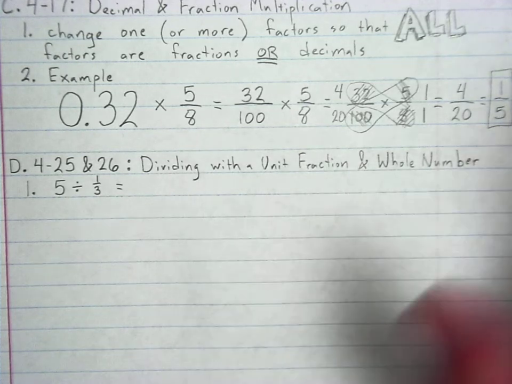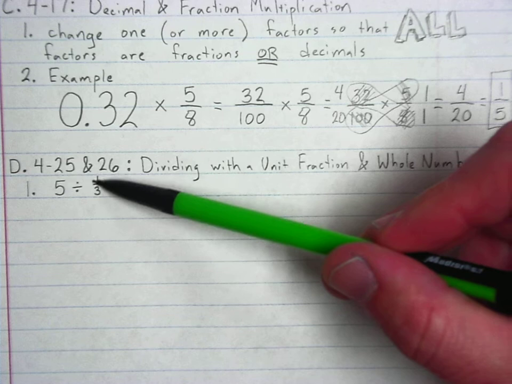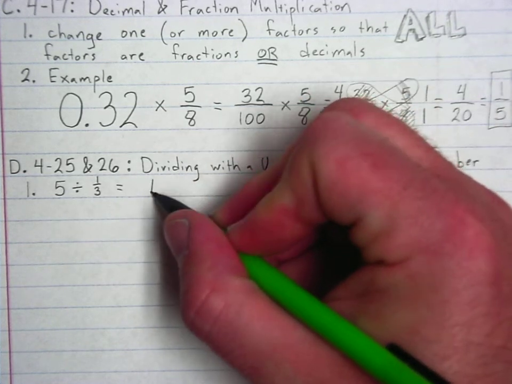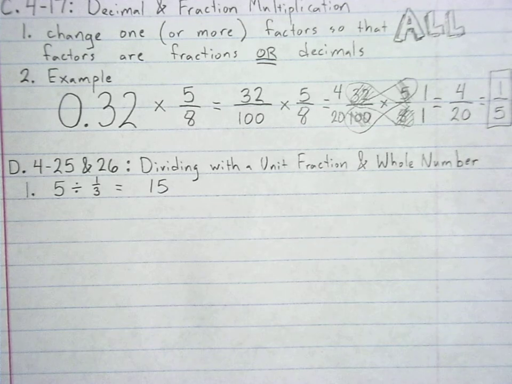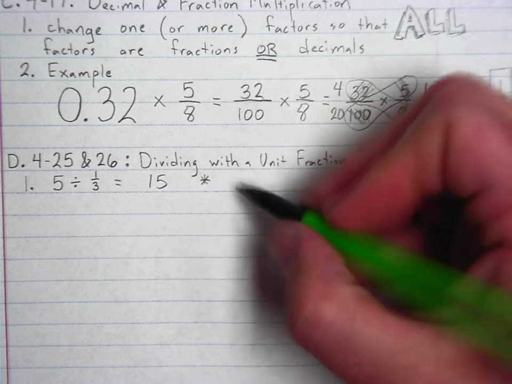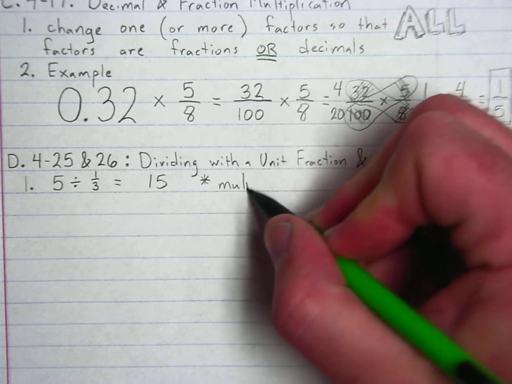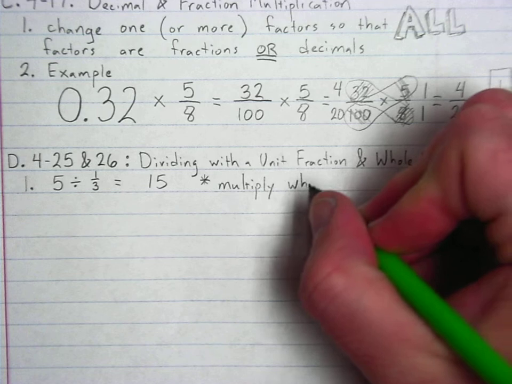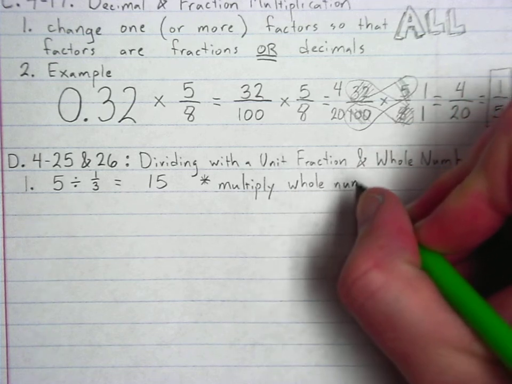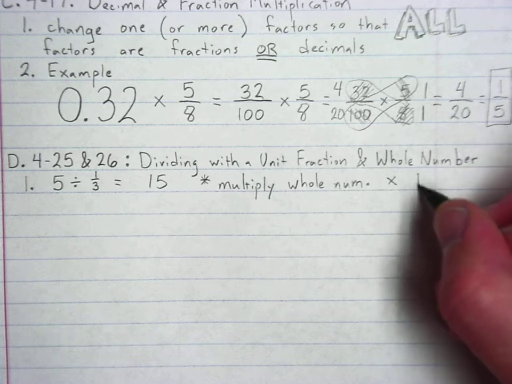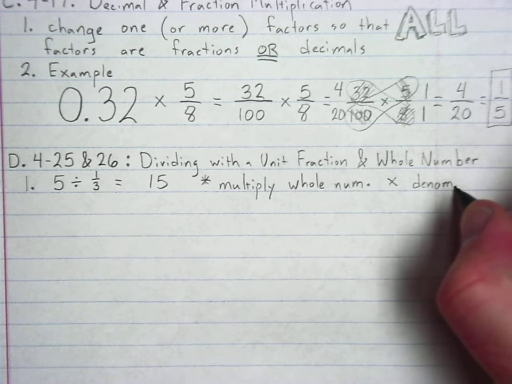Now again, this only works with unit fractions, fractions that have 1 on the top. 5 times 3 is 15. Okay, so we multiplied, we'll put a little note here: multiply the whole number times the denominator. Okay.